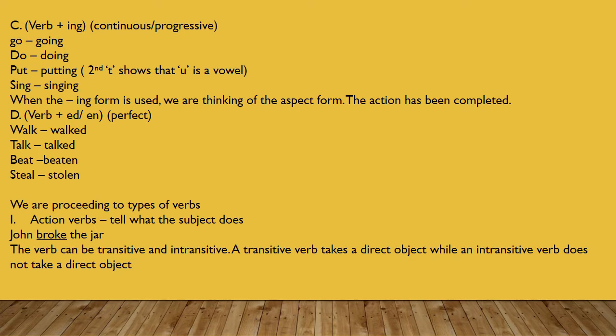For the types of verbs, we have action verbs. The action verbs tell what the subject does. For example, John broke the jar.